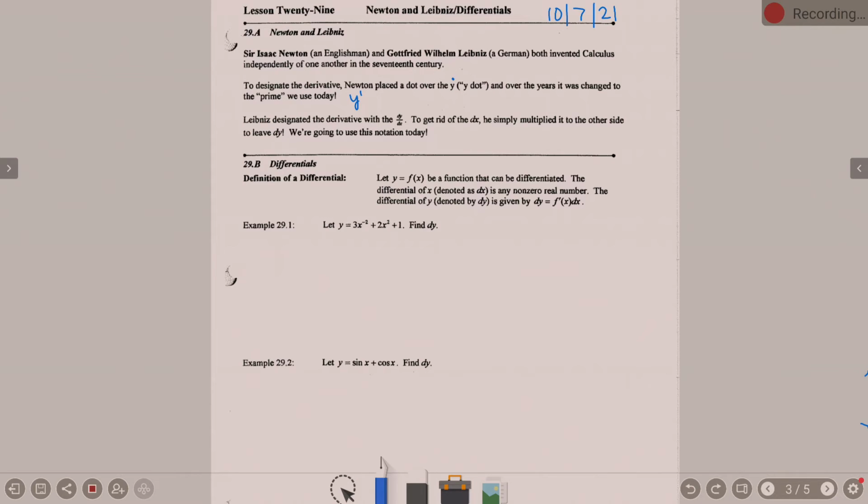As we look at the definition, dy equals f prime of x dx. I'm trying to think of the way I want to say this. Side note: it gave us y equals f of x.